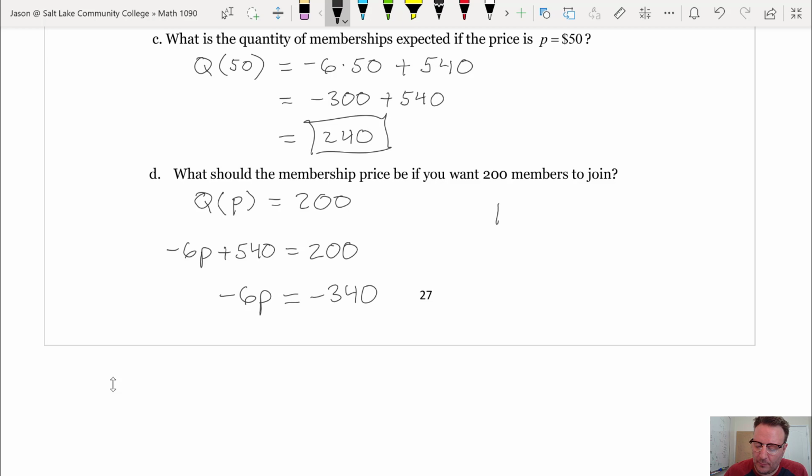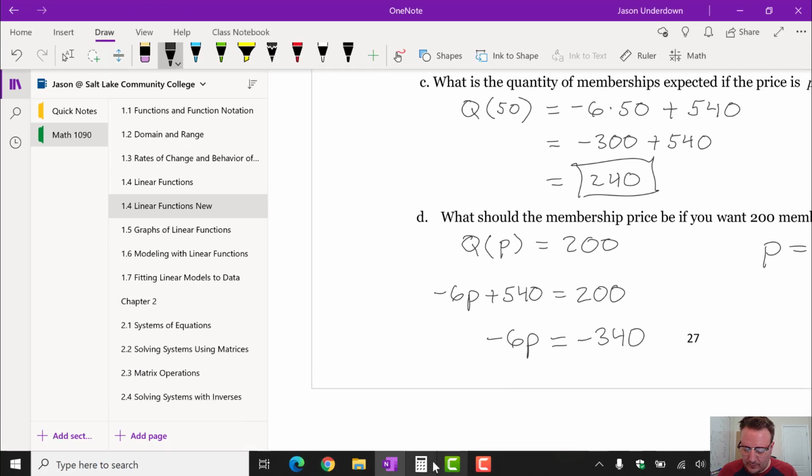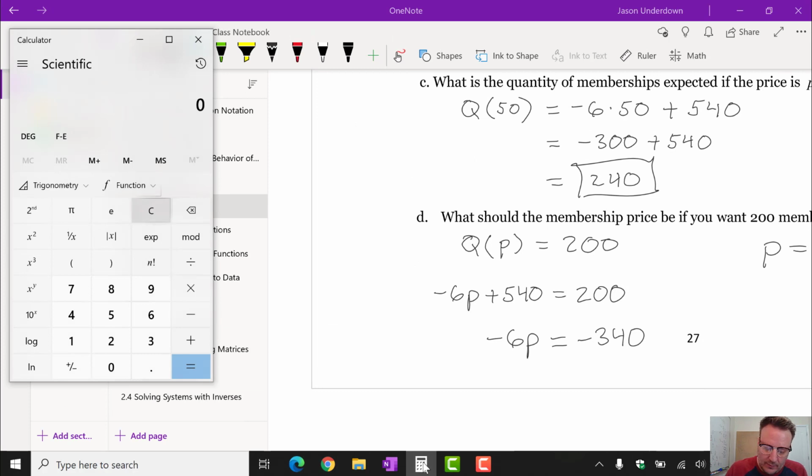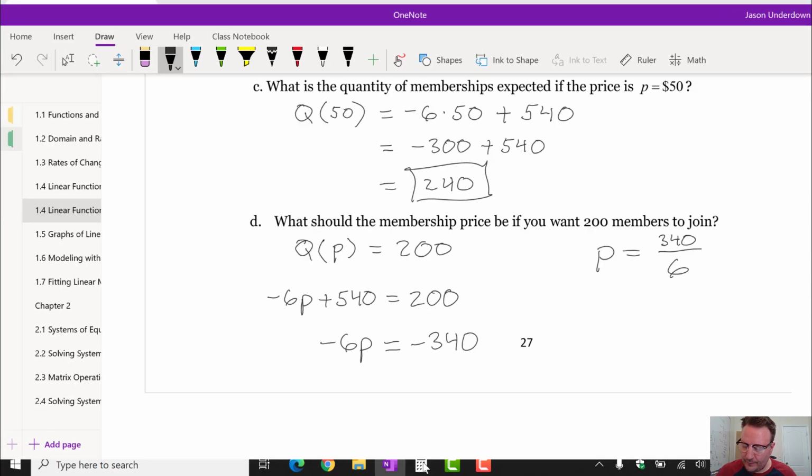So P is equal to 340 divided by 6. I'll pull out the calculator for that. 340 divided by 6. 56.6 repeating.